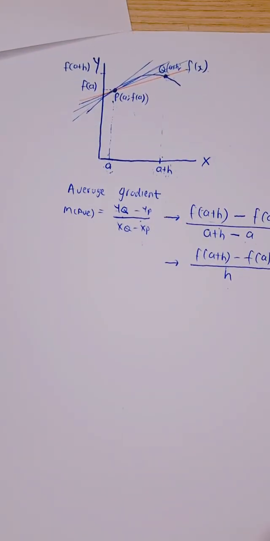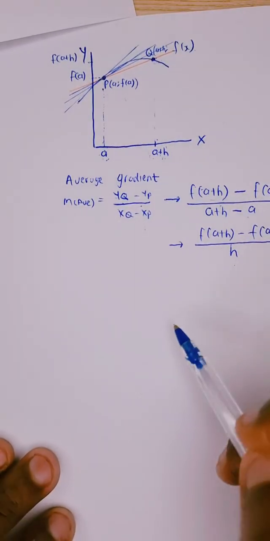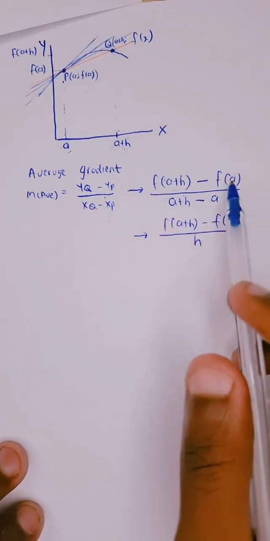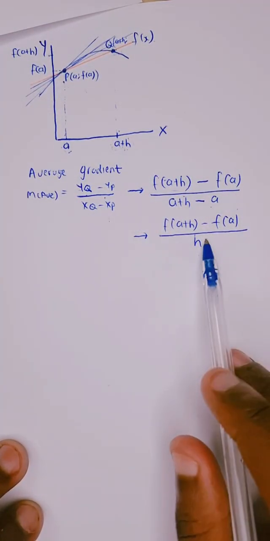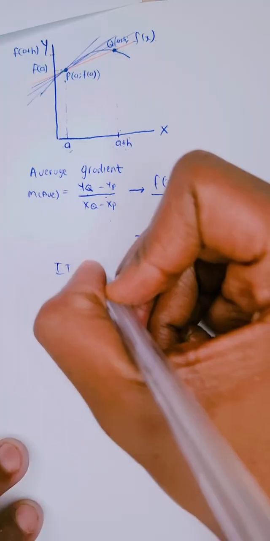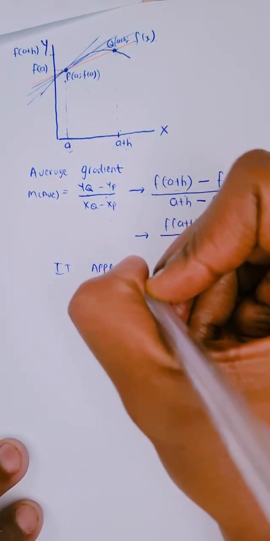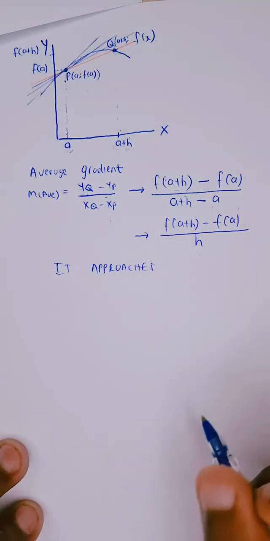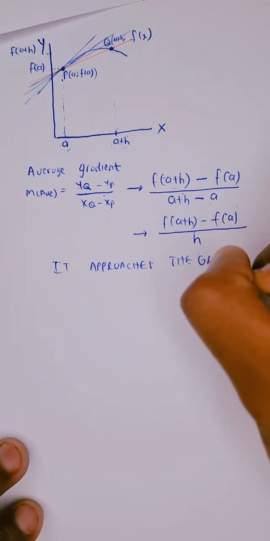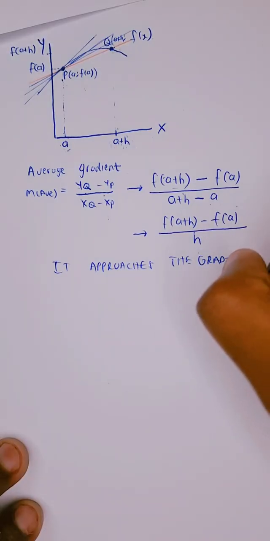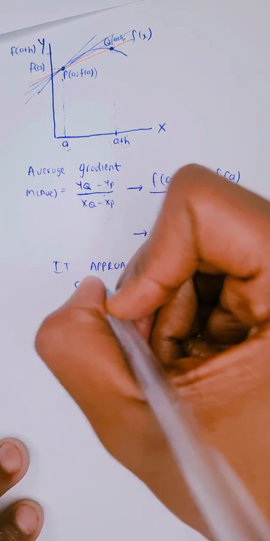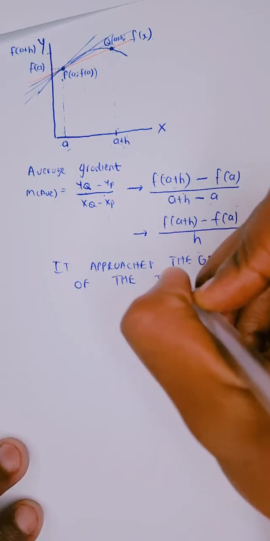The average gradient of the secant, what does it do? It approaches the gradient, and this is the most powerful thing here, it approaches the gradient of the tangent.